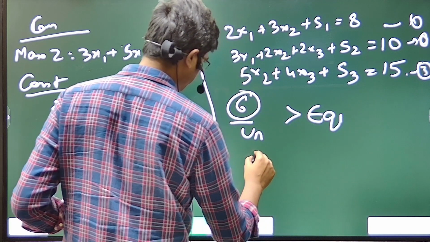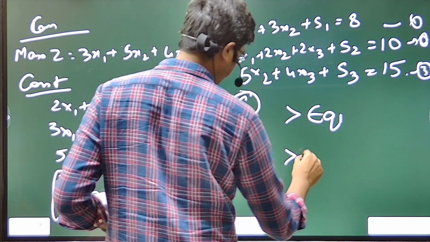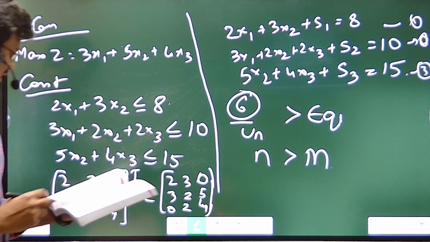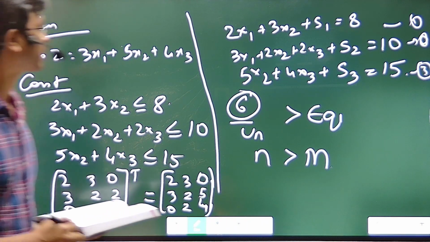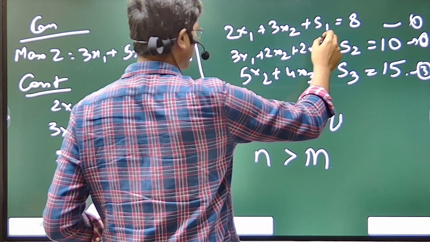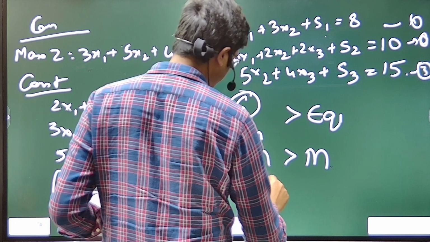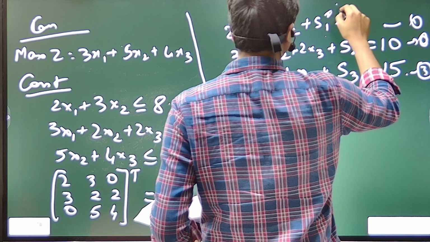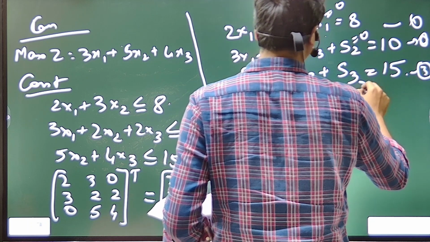We remember we discussed n is greater than m. In this case, we will equate the extra variables to make n equal to m. So you have to make s1 0, s2 is 0, s3 is 0.